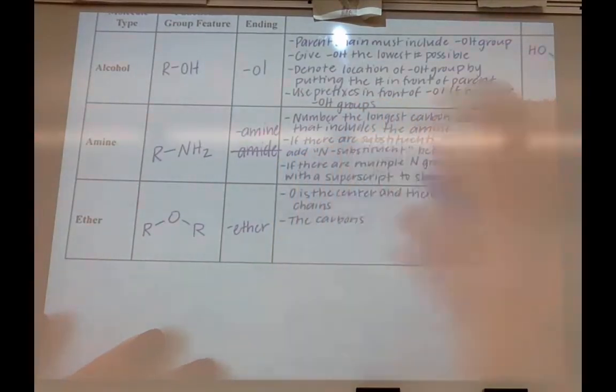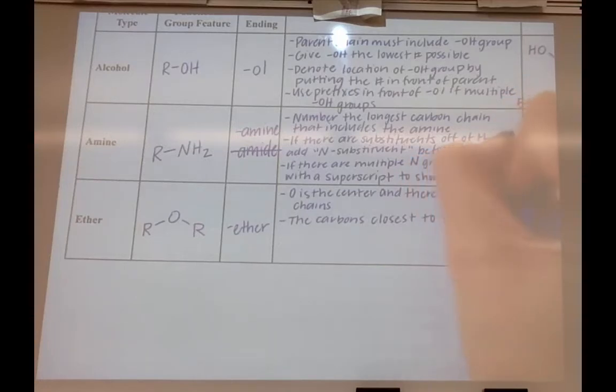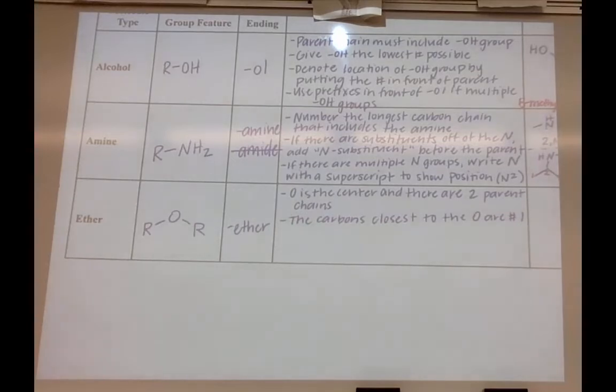The carbons, because there are 2 parent chains, we're going to have 2 number 1s. So the carbons closest to the oxygen are number 1. So when it comes to numbering your parent chain, carbon 1 is always the carbon attached to the oxygen. And then you number out both directions.